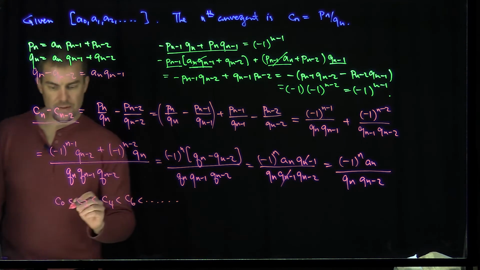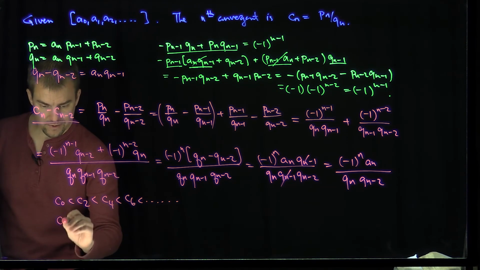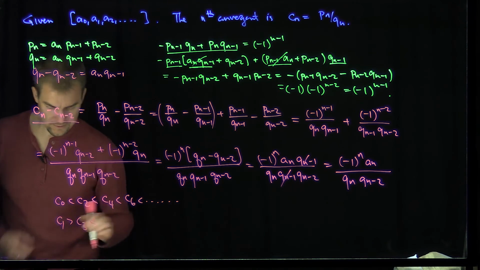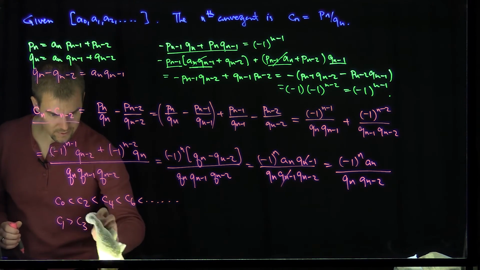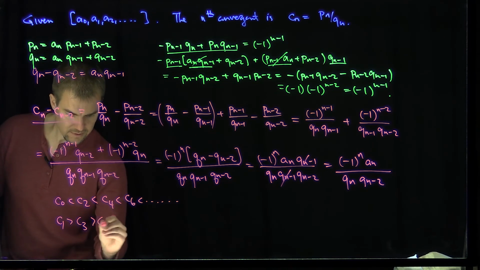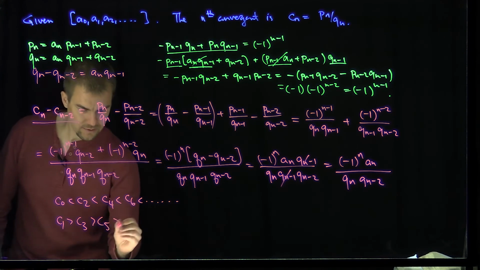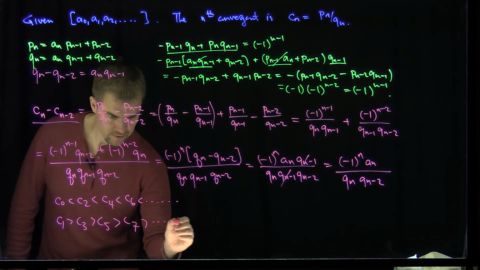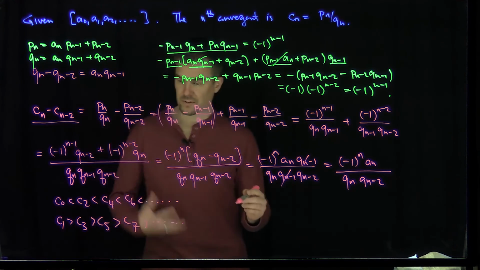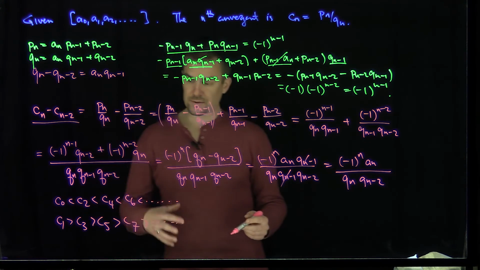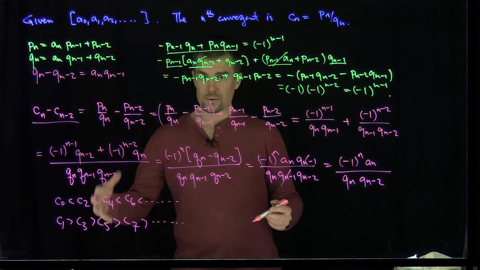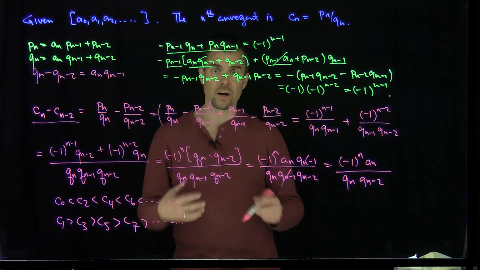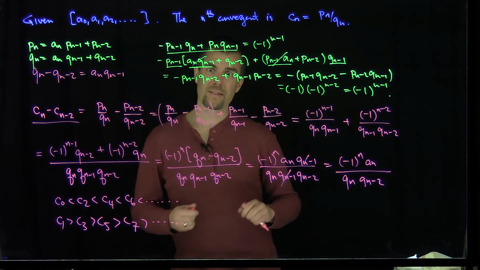And the odd terms are going to be decreasing: C1 greater than C3 greater than C5 greater than C7, et cetera. So we have an increasing sequence of evens and a decreasing sequence of odds. In future videos, we'll see how we can use these properties of increasing and decreasing to show that the infinite continued fraction converges. Thank you very much.